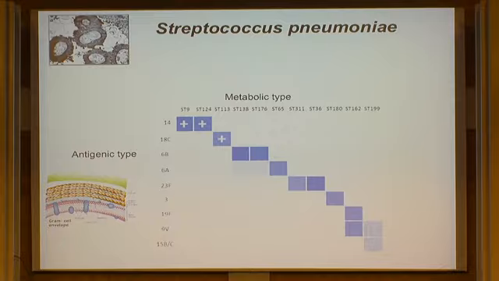So here are the antigenic types, those capsular serotypes I talked about, and if you do MLST on the pneumococcus, you will also get different MLST types. In various data sets you will see that particular serotypes always associate with one or possibly two metabolic types in a manner that is, again, non-overlapping.